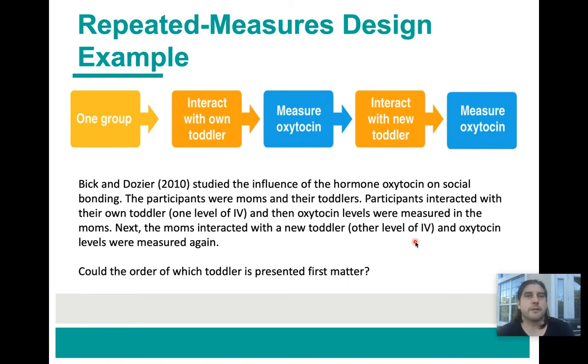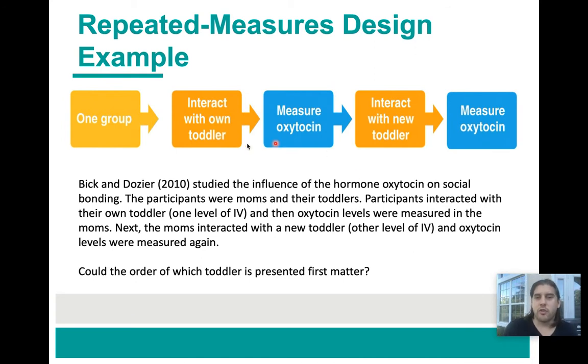So now let's talk about some potential issues with this type of design, particularly repeated measures designs. So a really interesting area of study is the impact that children or babies have on adults or parents. In particular, the impact they have on neurotransmitters or hormonal release in parents, perhaps as an evolutionary adaptation to influence parental behavior or caretaking behavior.